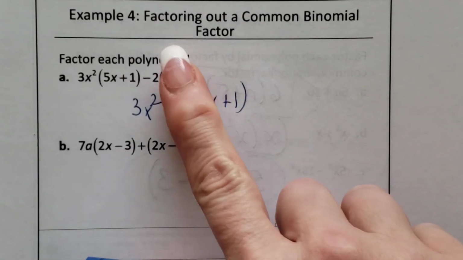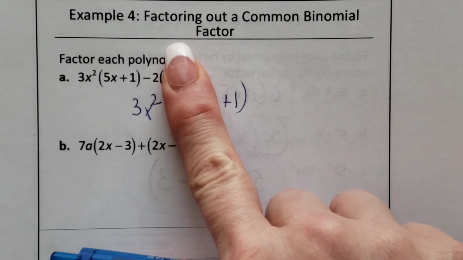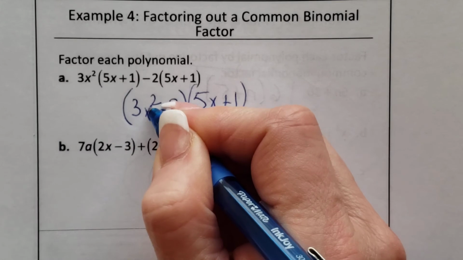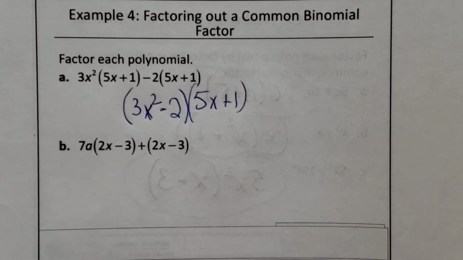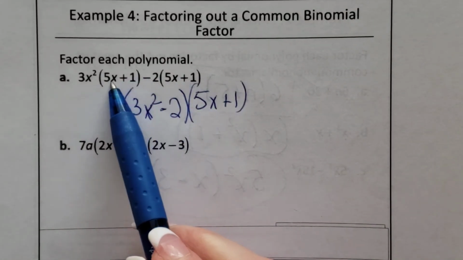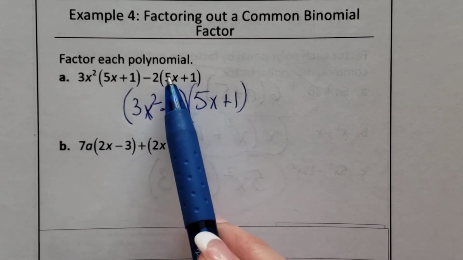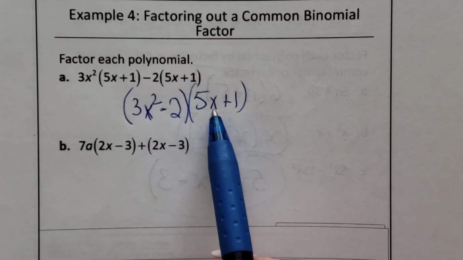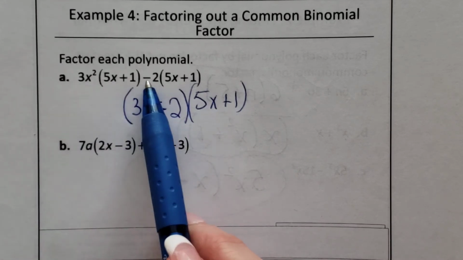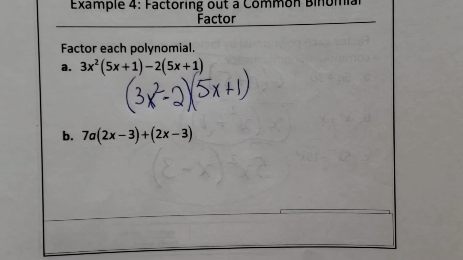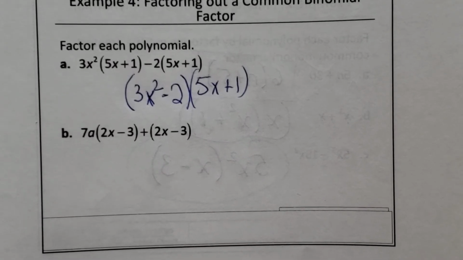And then if you pulled this out right here, what would you have left? -2. So that always works out that way. If you have 2 parentheses that match exactly, you're going to write one of them as a common factor. In other words, you're pulling this out of both of these first terms, and these you're going to put together as a common factor as well. Okay, and you'll have problems like this on your homework and also on Hawks.